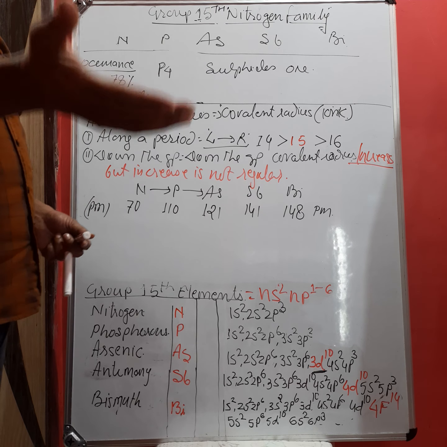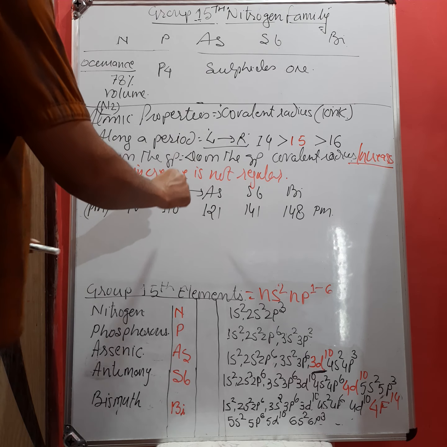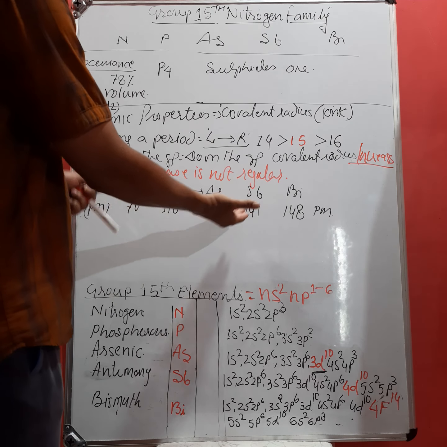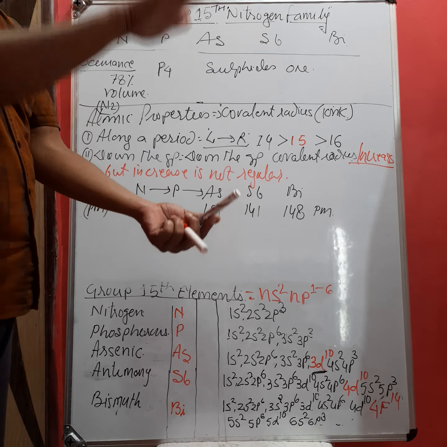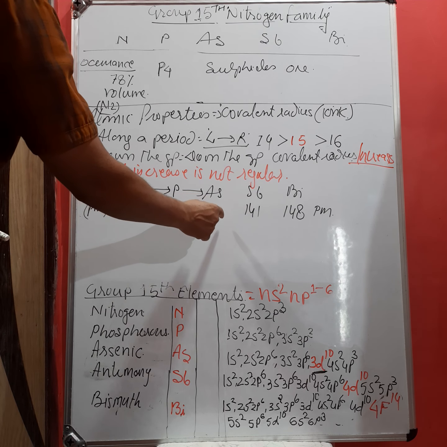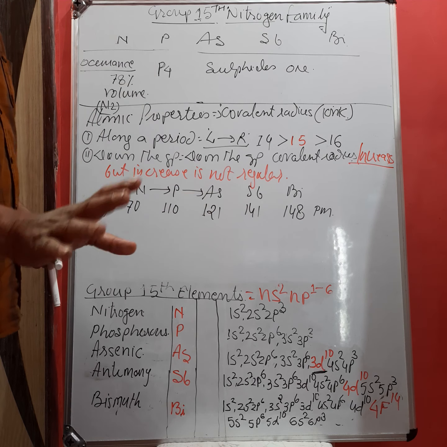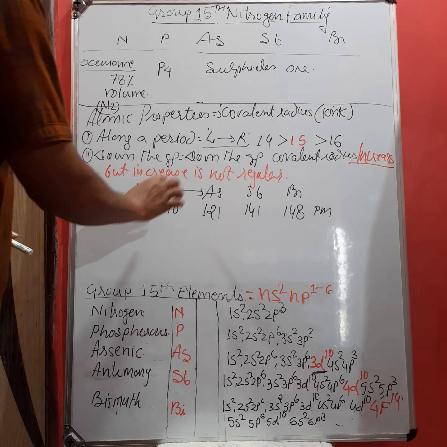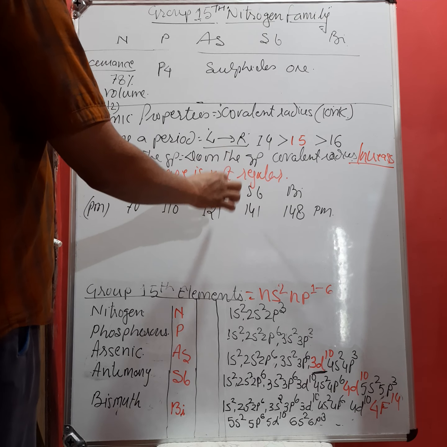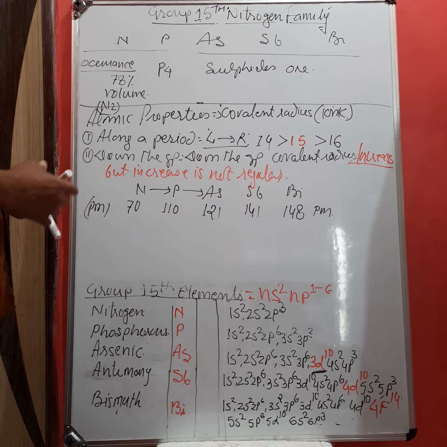Therefore, the size decreases. But one shell increases and the strong effective nuclear attraction force tends to decrease the size, resulting in an increase in covalent radius, but it is irregular, that is very small, as compared to N to P, there is a lesser increase in the atomic or covalent radius.